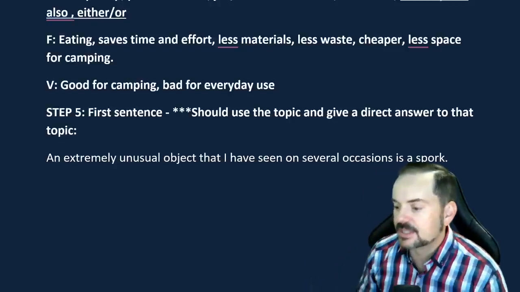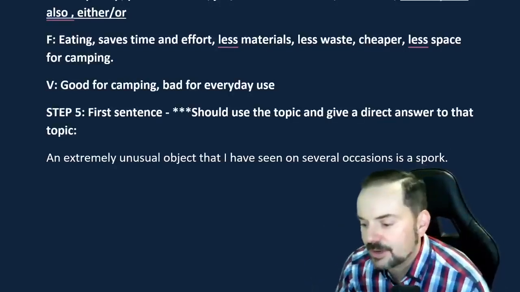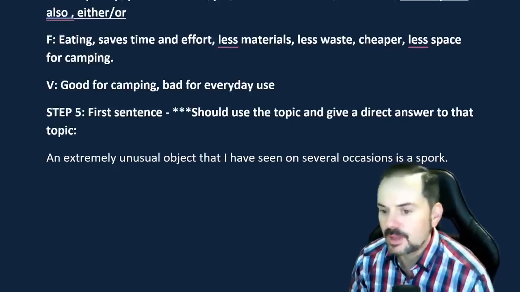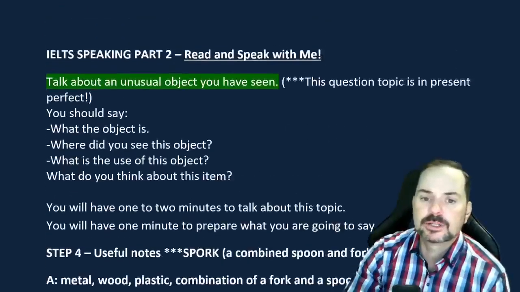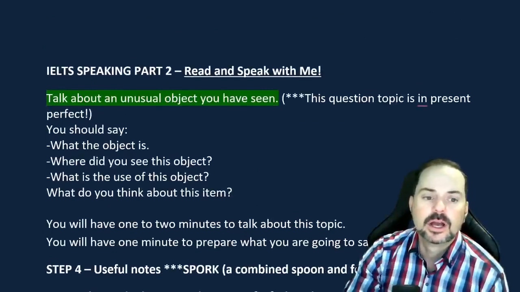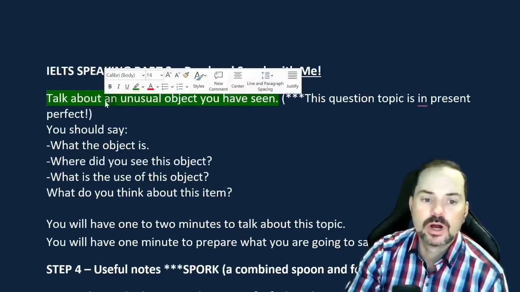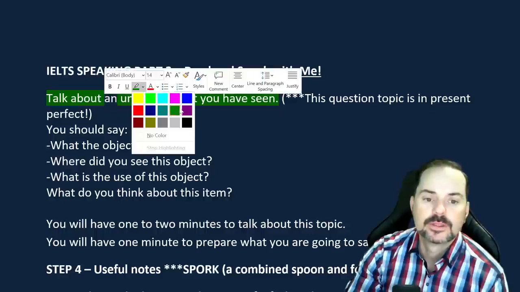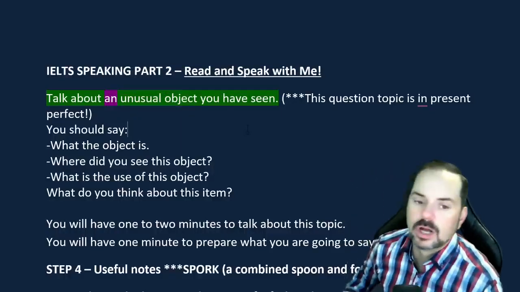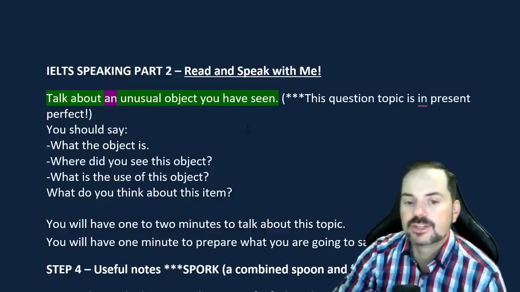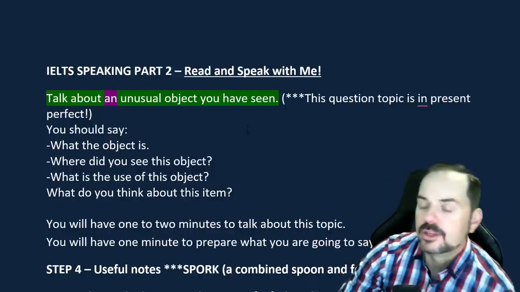Tulsi says, I have seen several unusual objects throughout my life. Tulsi, no. Don't talk about several unusual objects. This part 2 is asking you about one. Talk about an unusual object. N means one. So I don't need to know about several unusual objects that you've seen throughout your life. I just need to know about one unusual object.